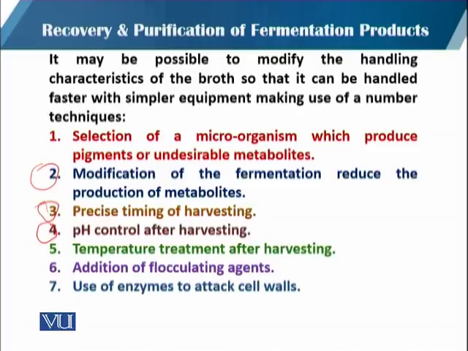That creates a hindrance and can increase the cost of harvesting. Then there is the temperature treatment after harvesting, the addition of flocculating agents, and the use of enzymes to attack the cell wall. This is very important when the product is intracellular.